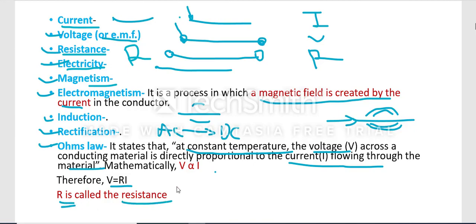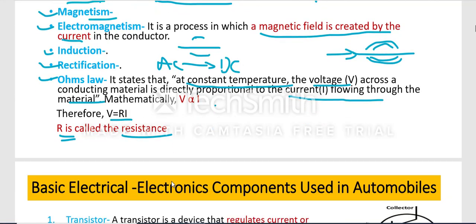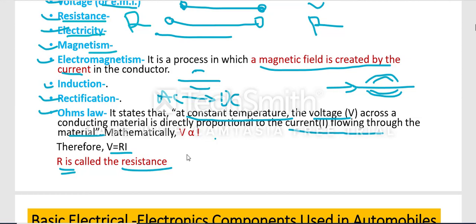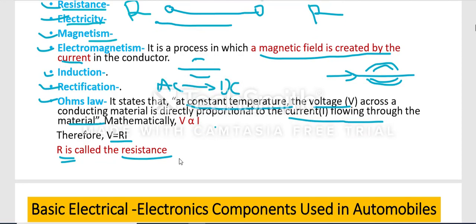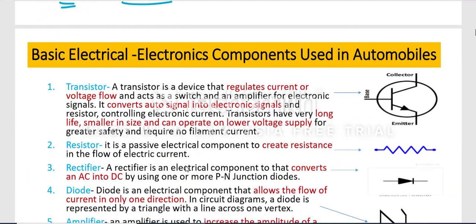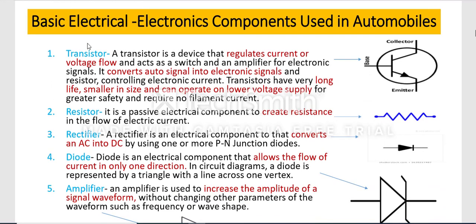All these are important terms related to automotive electronics. You have to understand this. The next point is basic electrical and electronic components used in automobile.